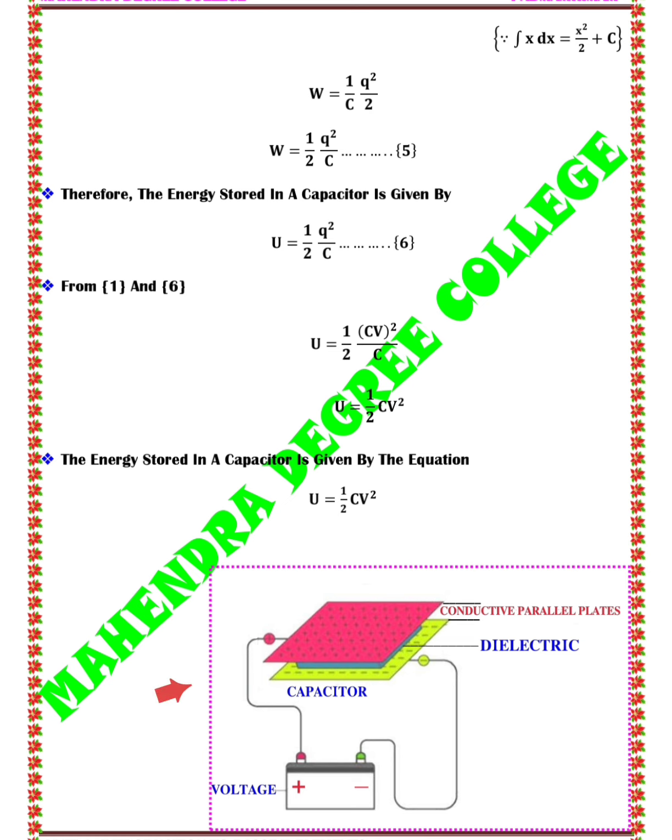The image illustrates the basic structure of a capacitor, which is an electrical component used to store energy in an electric field. Capacitors consist of two conductive parallel plates.